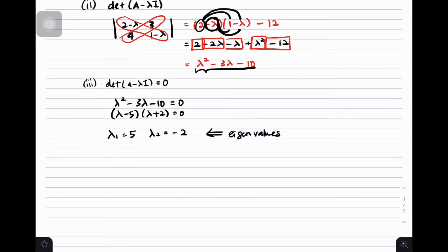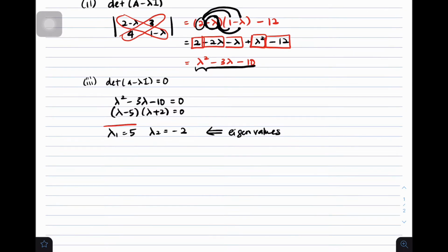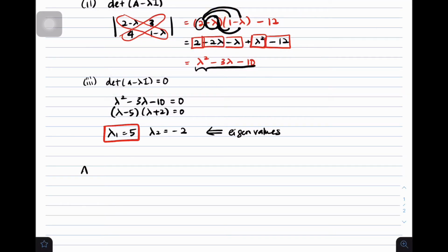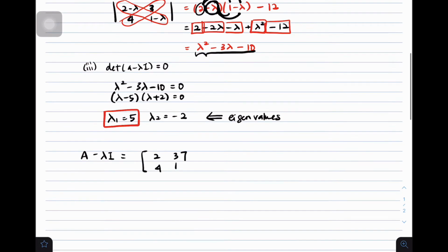Now we want to find the eigenvector corresponding to both eigenvalues. We start with lambda equal to 5. The first thing you need to do is again compute A minus lambda I. Now you have your matrix A equal to 2, 3, 4, 1, and you already know the value of lambda, which is 5.